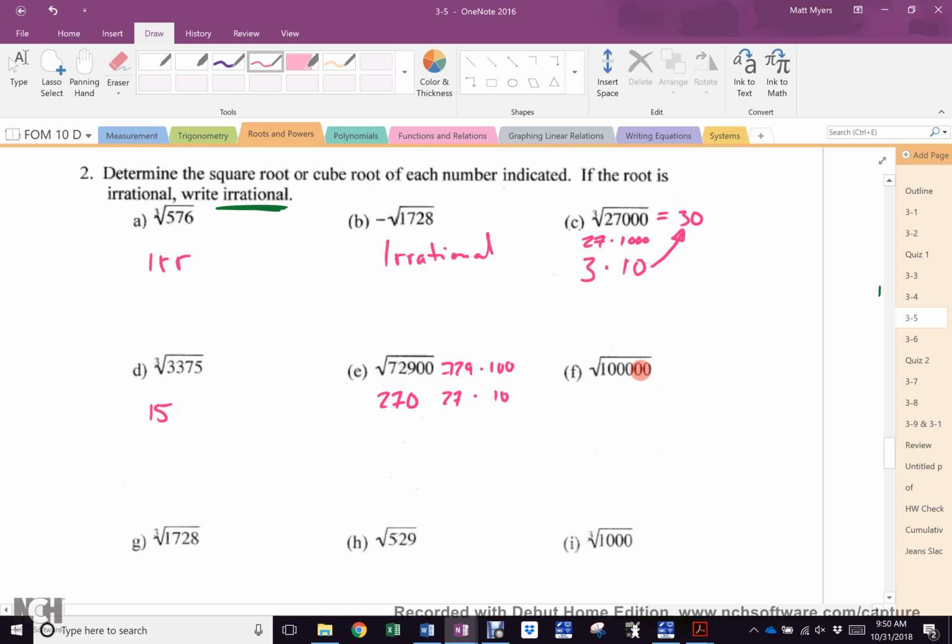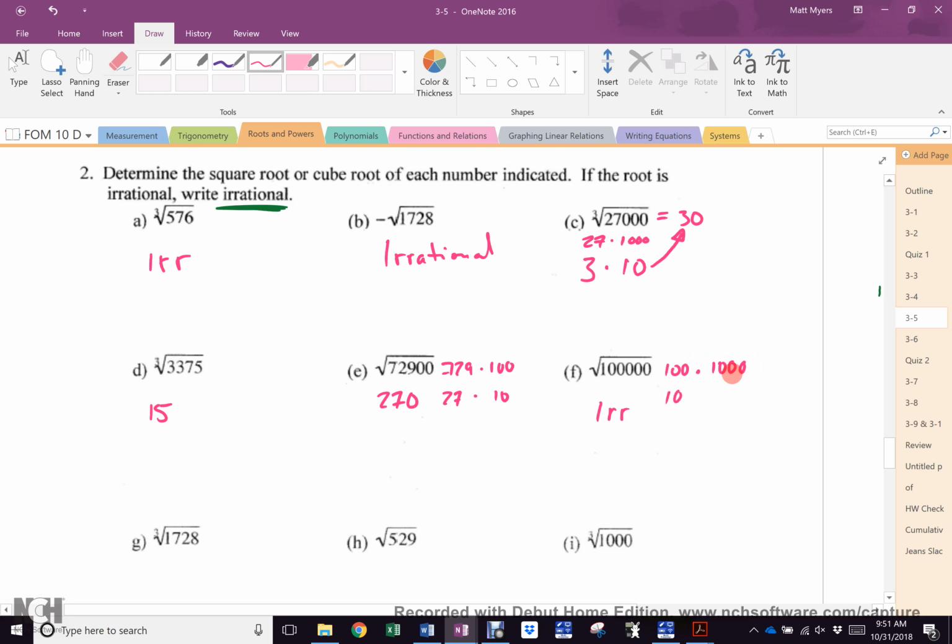What about this? Square root of 100,000. Does it have one? It was irrational, wasn't it? But you would think it should work, though, right? Because there's all those zeros. But that is 100 times 1,000, yes? 100 has a square root of 10, but 1,000 does not have a square root.